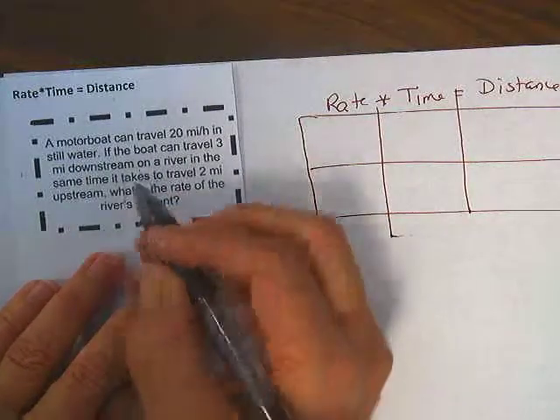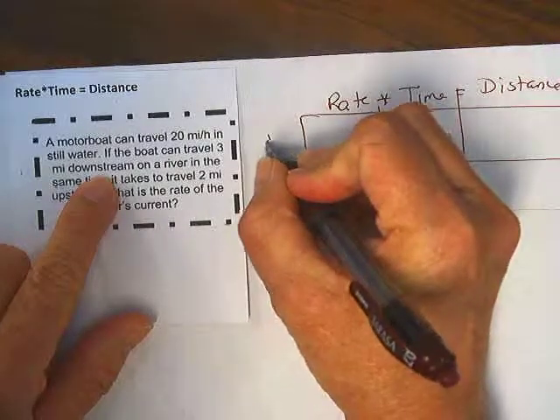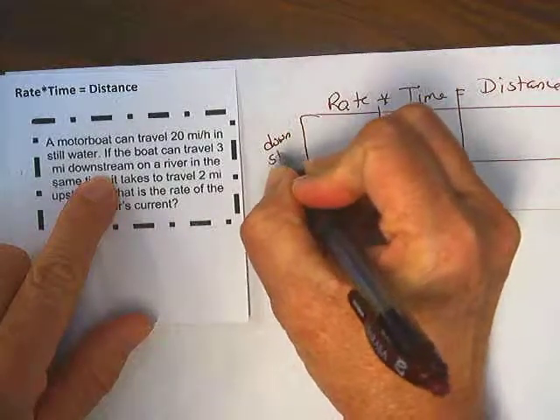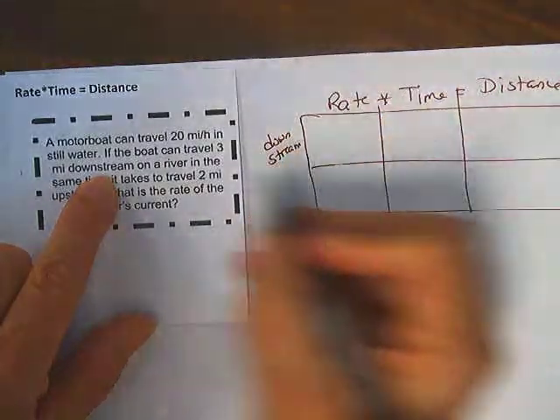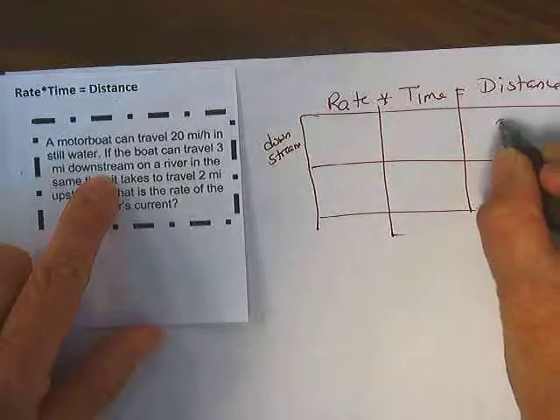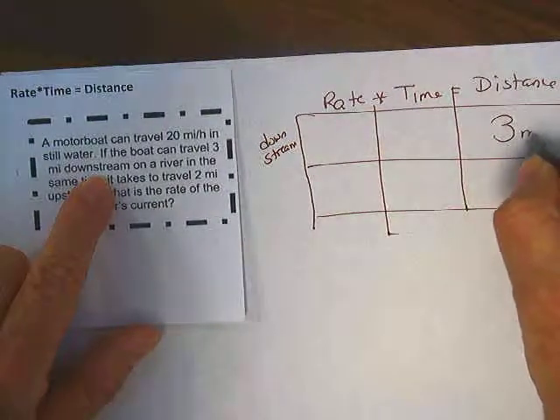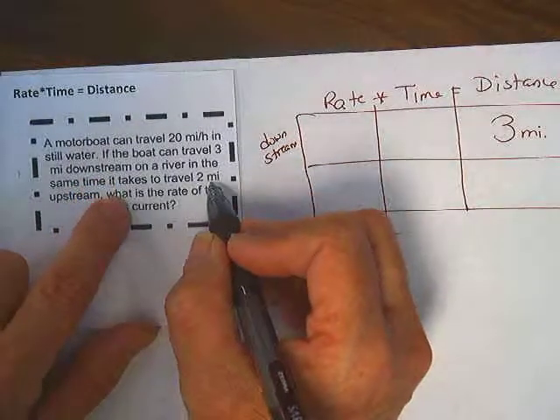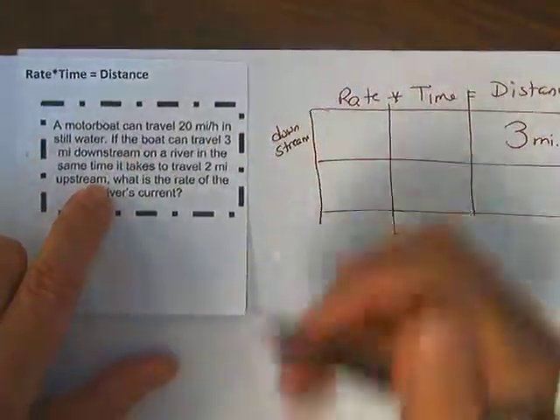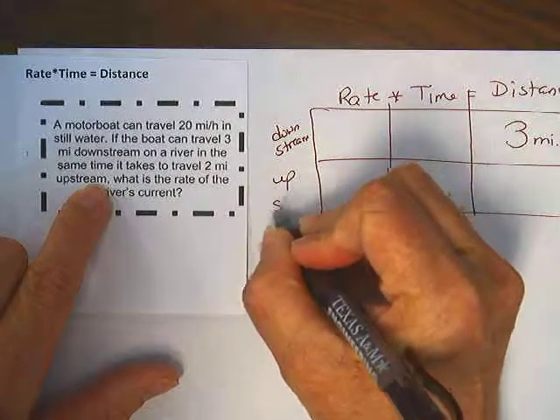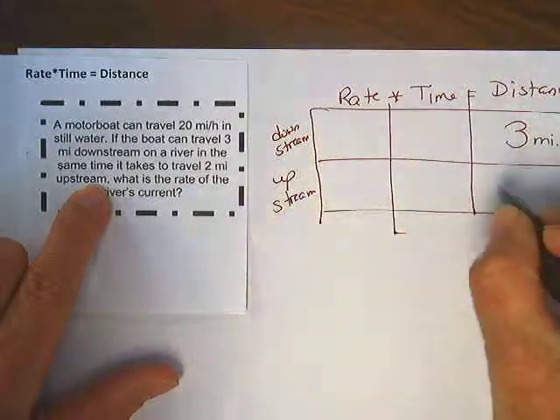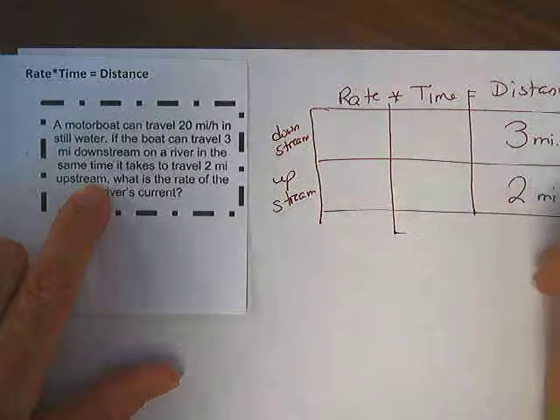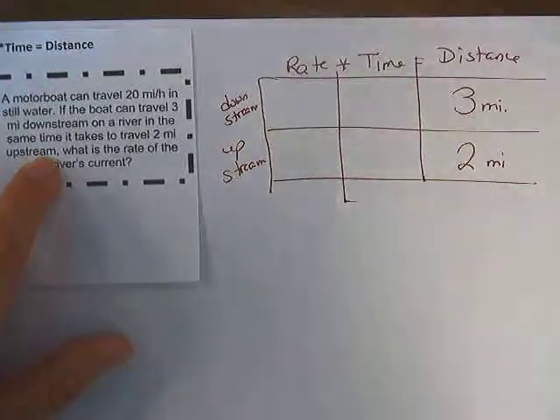If the boat can travel 3 miles downstream, okay, so let's make one of these downstream. And it can travel 3 miles, so I'll go ahead and put in my distance, 3 miles. In the same time it takes to travel 2 miles upstream. Okay, so this one will be upstream, and it goes 2 miles.